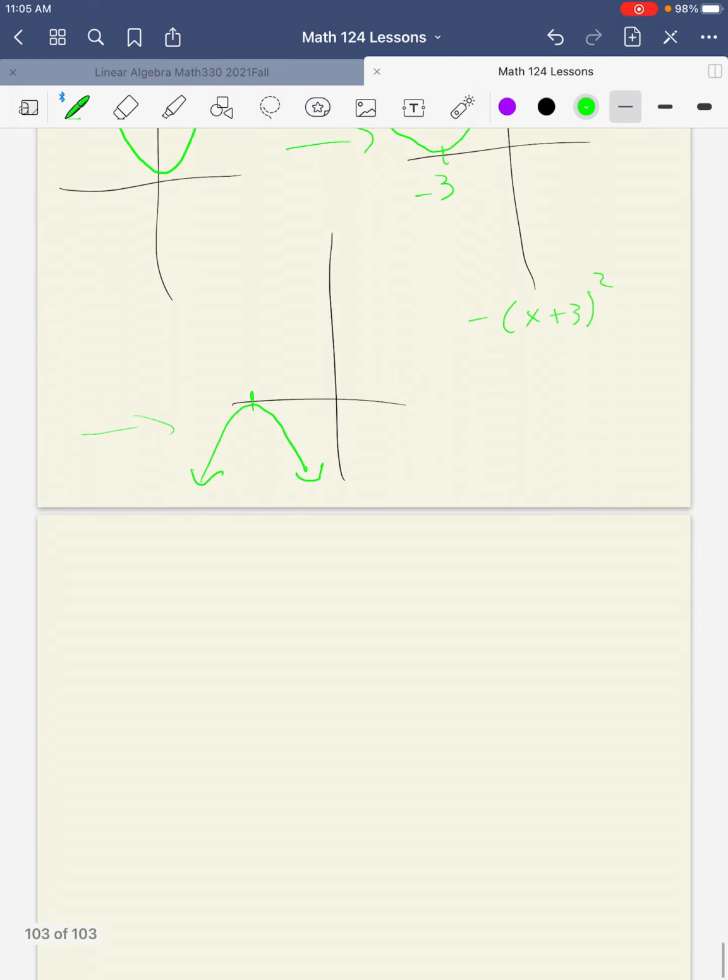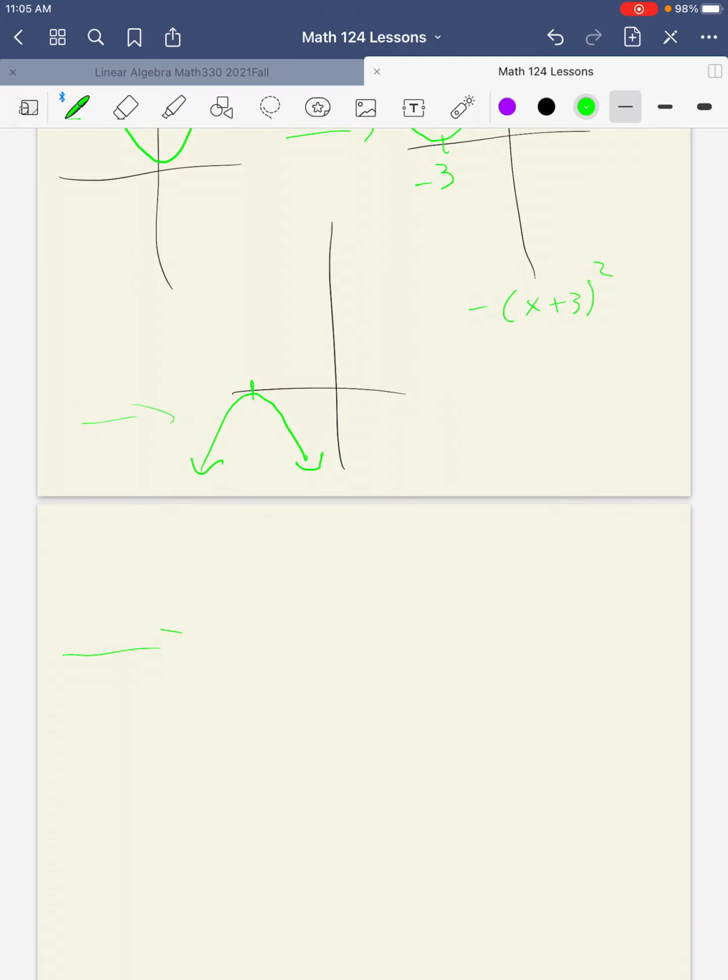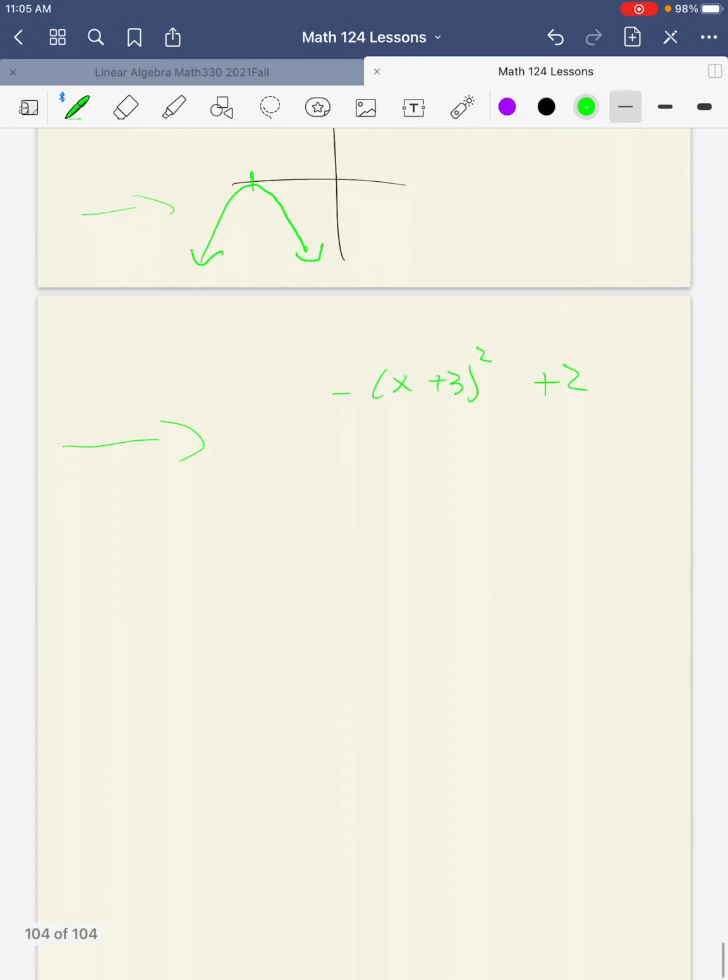We flipped the previous graph upside down. Okay, and lastly we can add a 2 to the outside. So this is being added on the outside, not to the input, so this will shift the previous graph up by 2 units.